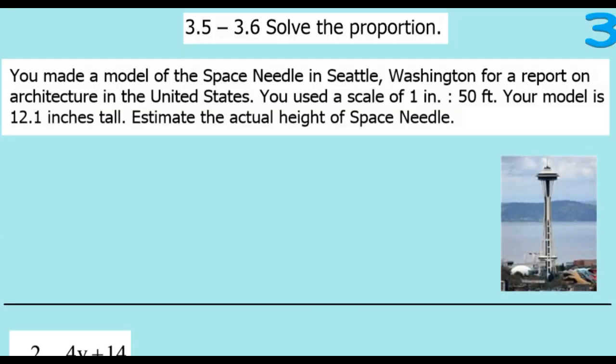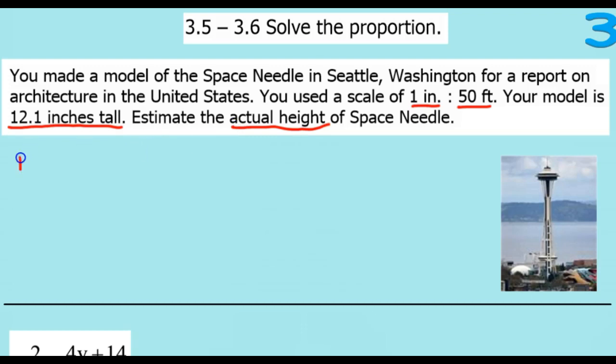Okay, next we get into our proportions. So it says you made a model of the Space Needle in Seattle, Washington for a report on architecture in the United States. You used a scale of 1 inch to 50 feet. Your model is 12.1 inches tall. Estimate the actual height of the Space Needle. So we're looking for the actual height.